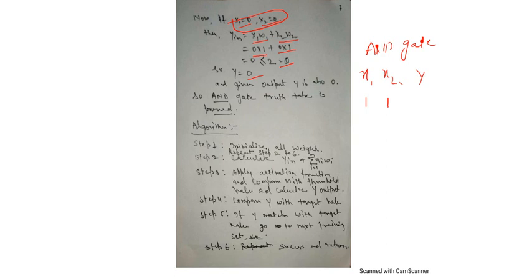It is 1. If it is 1 and 0, the output is 0. If it is 0 and 1, the output is 0. And if it is 0 and 0, the output is 0, right?